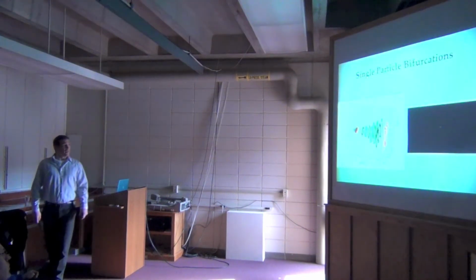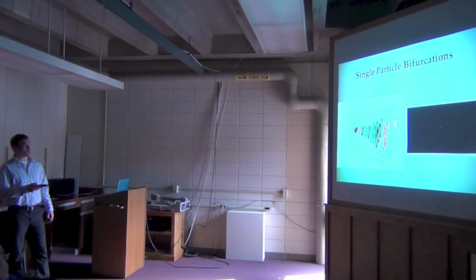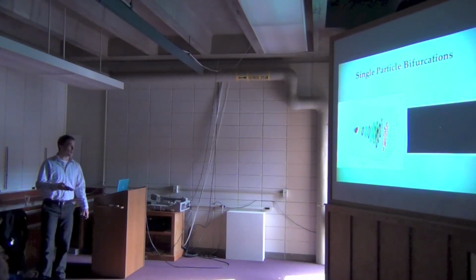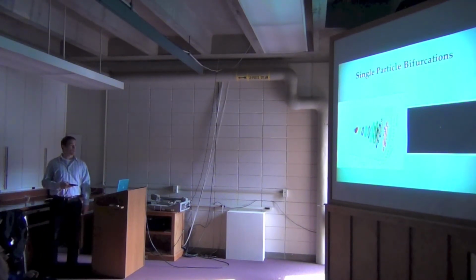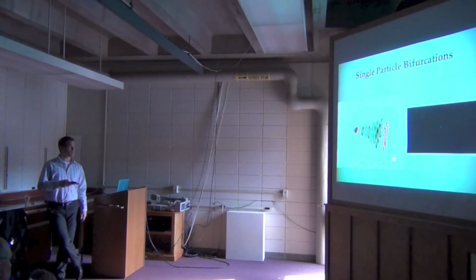For small electric fields, this plot shows the position and velocity, so this phase plane, and we've shown it for several different values of field strength driving. We find that for small values of driving, we have a small limit cycle or periodic orbit in this phase plane.